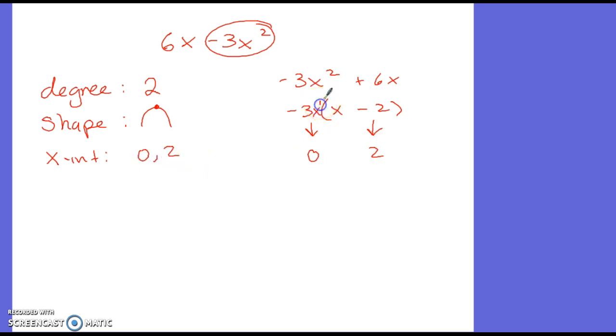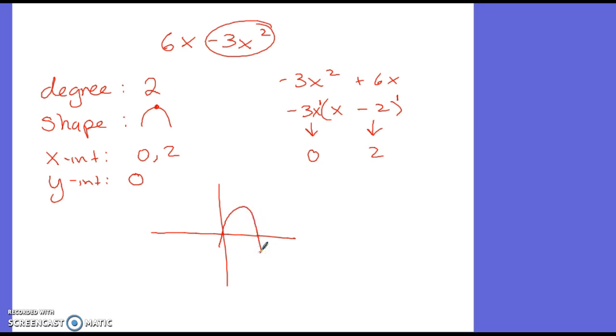This is an odd power, it's 1, and this is an odd power 1, so these are both going to cross through. I can find my y-intercept by plugging in 0 for x. I plug in 0 for both of these, but I'm just going to get 0. And so I can use that to graph. And say, okay, it goes through 0, it goes through 2, I know the shape, I get my graph.